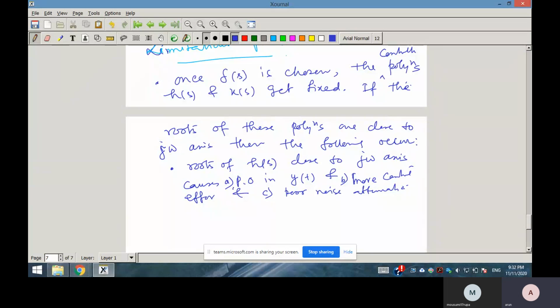High peak overshoot in yt, more control effort, and poor noise attenuation. This is one. And roots of KS close to the j omega axis, what will it cause?